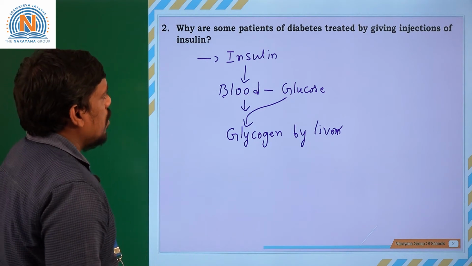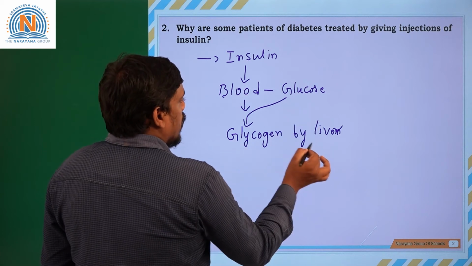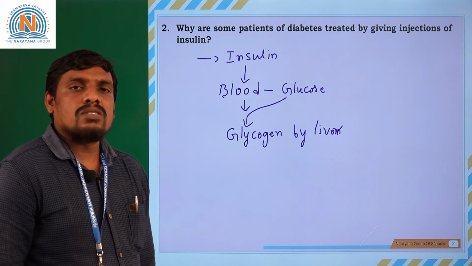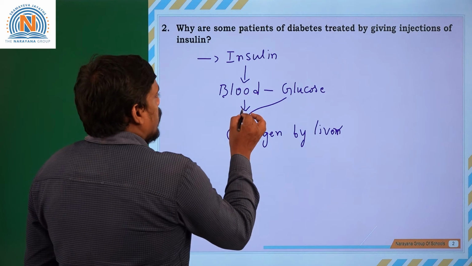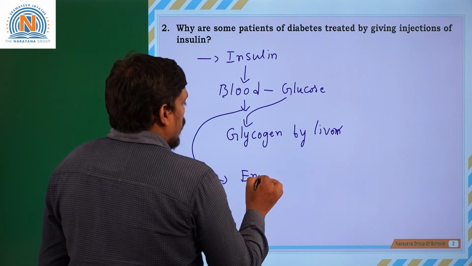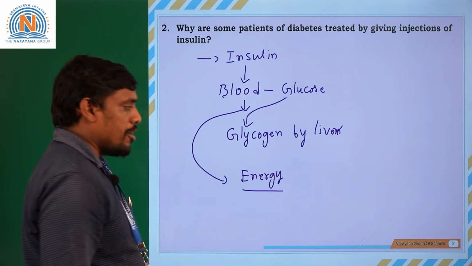So the insulin initiates the conversion of glucose into glycogen in the liver. The liver stores the excess glucose in the form of glycogen. In the same way, the excess glucose in the blood will be converted into energy by the glycolysis process in mitochondria.